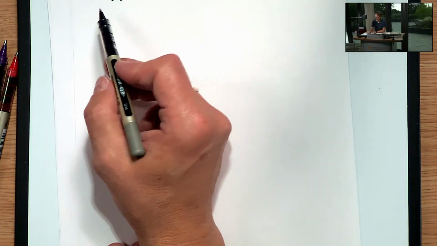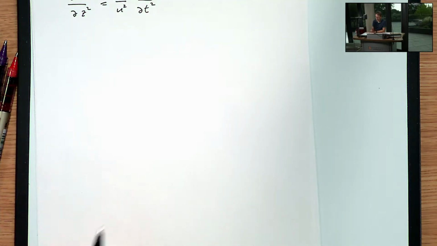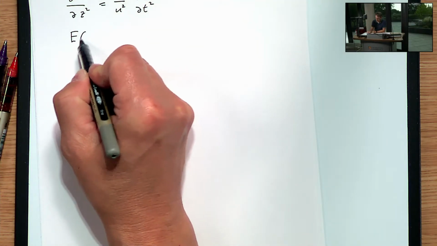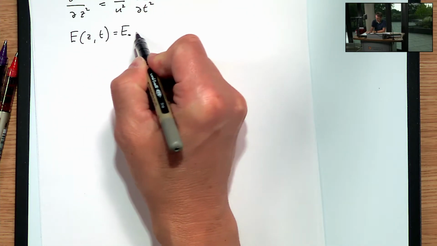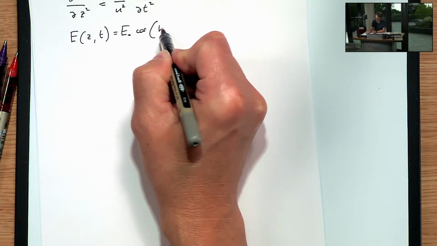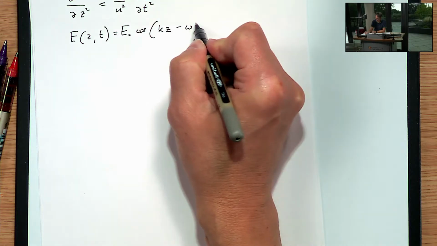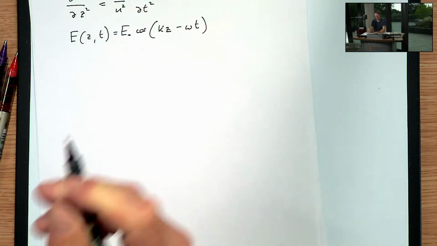And then you can work out the solution for this. You know how to solve this partial differential equation. You know that the solution is E of z,t equal to E naught cosine of kz minus omega t.